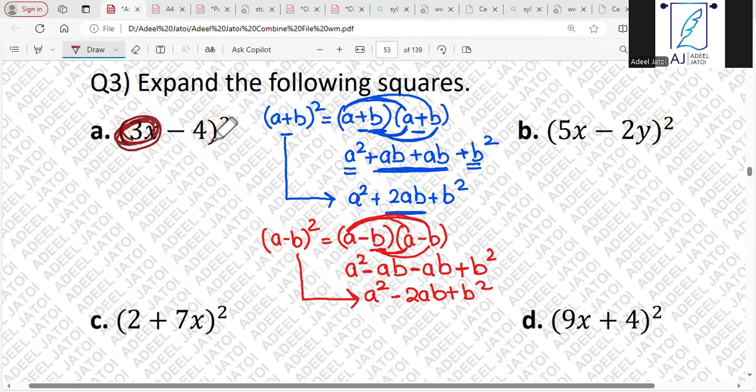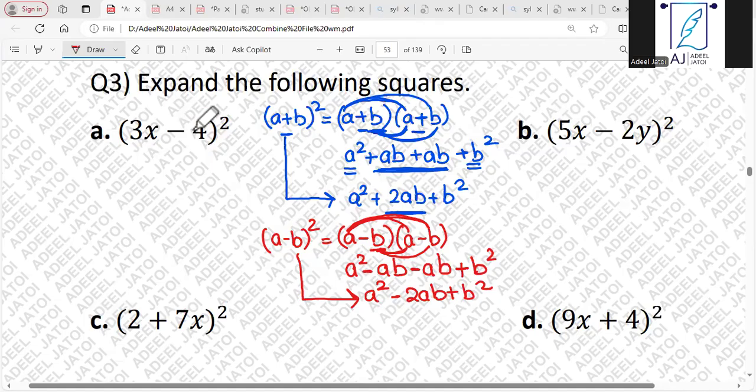So this will be squared, this will be squared. First squared at the first place, second squared at the second place. So if this is a negative sign, we take negative, but in between, you'll use 2ab. That means 2 multiplied by a multiplied by b. That means 2 multiplied by 3x multiplied by 4. So we'll multiply the numbers and then we'll multiply the variables.